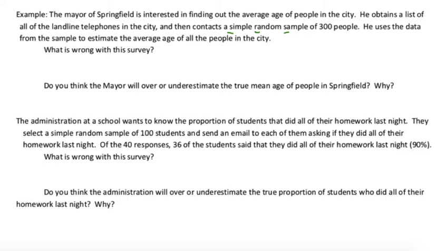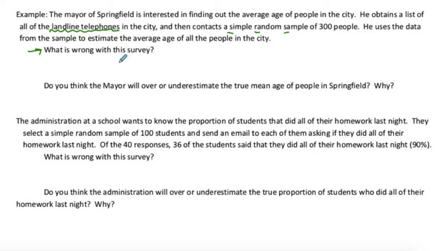Okay, so he's using all the landline telephones in the city. He's doing a random sample there. And then he's using that data to estimate the average age of all the people in the city. One of the things wrong with it is that I couldn't be part of this. Even if I lived in Springfield, if my house just upped and moved over there, I wouldn't be part of this because I don't have a landline. Not a lot of people do anymore, unless you either have young children or have been holding on to that thing.